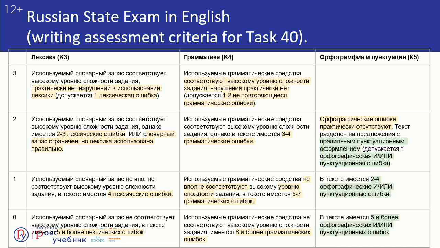So there are 2 or 3, 4 spelling mistakes allowed at level 1, with only 1 spelling mistake or 1 punctuation mistake allowed at level 2, and 5 or more spelling and or punctuation mistakes at level 0 is obviously 0.